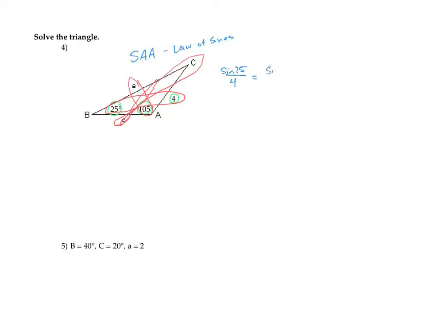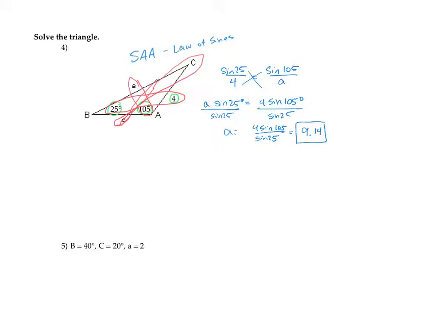So this is going to be sine of 105 over A. Now by cross multiplication, we get that A sine of 25 degrees is 4 sine of 105 degrees. So divide both sides by sine of 25. And A is 4 sine of 105 over sine of 25. Throw that in the calculator. And I get that A is 9.14.